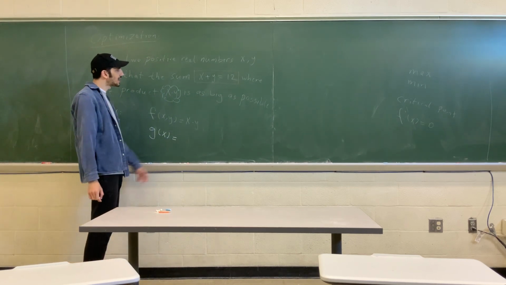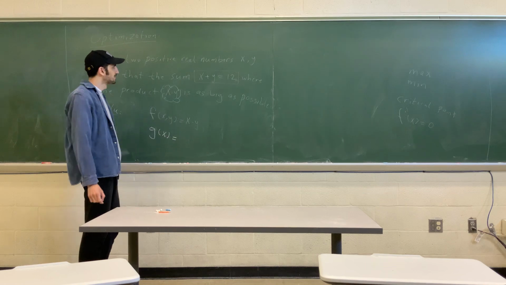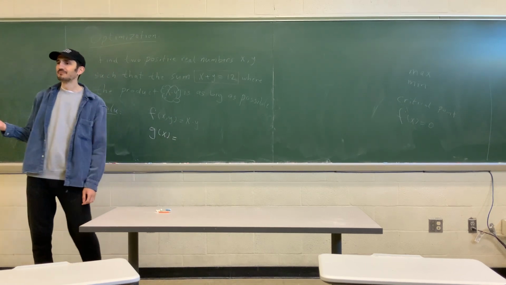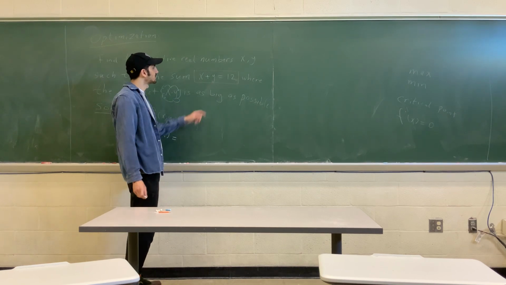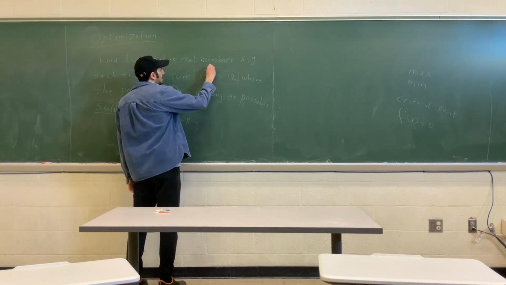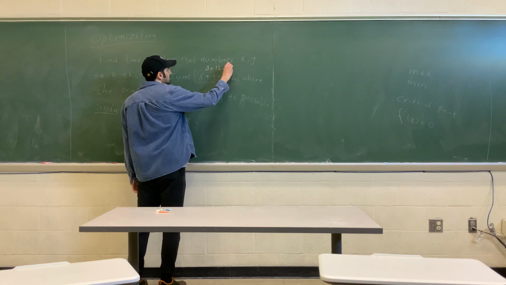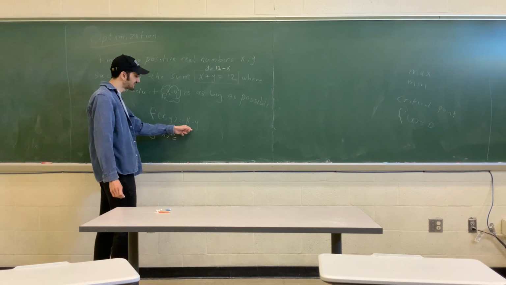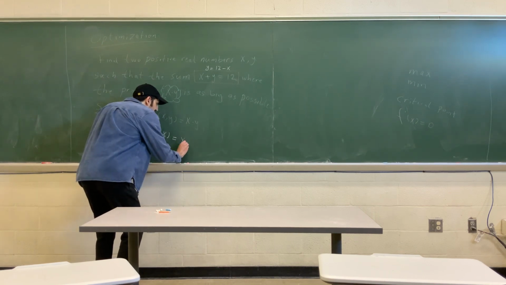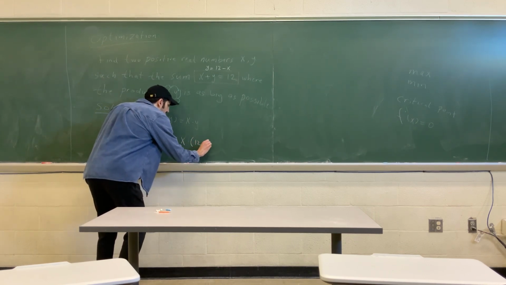So instead of y, I can replace it by, how can I replace it? Good job. I can isolate my y from this box, and I can write y equals 12 minus x. So my new function, instead of writing x times y, I can write x times 12 minus x.